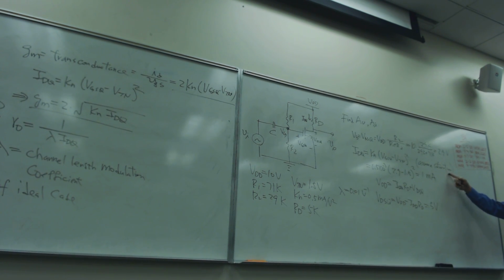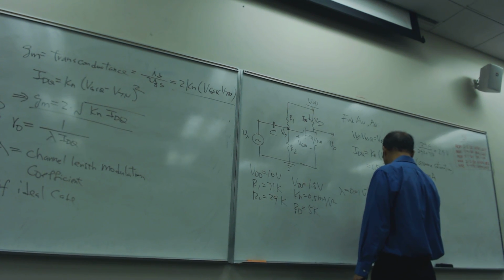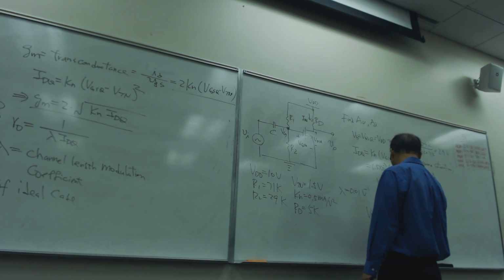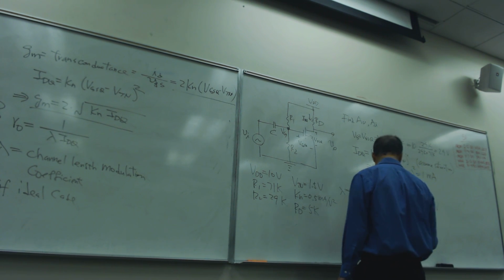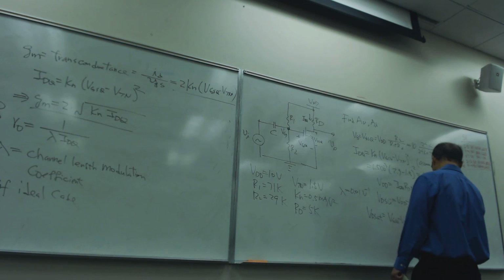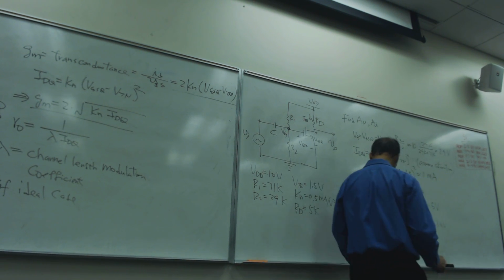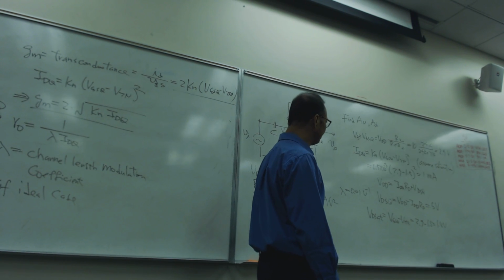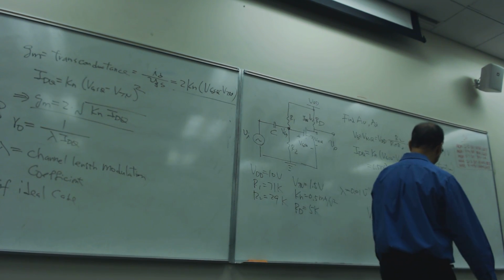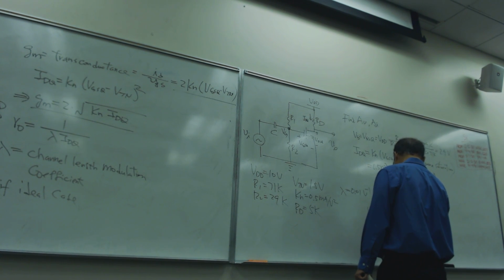Now let's verify this assumption. VDSAT equals VGSQ minus VTN, and VGSQ is 2.9 minus 1.5, so it's 1.4 volts. So VDSAT is 1.4, and you can see that VDSQ is larger than VDSAT, correct?